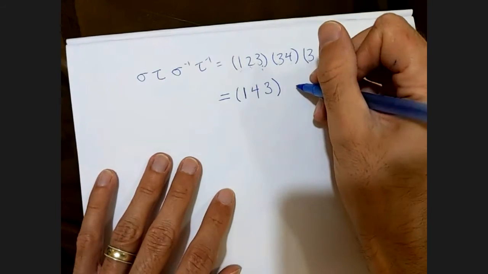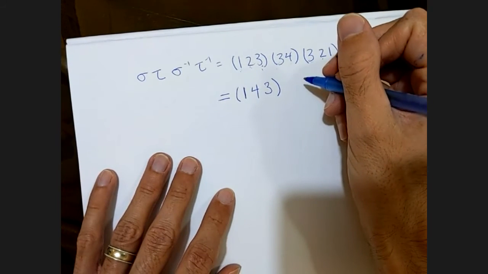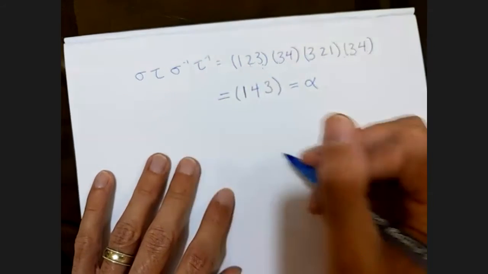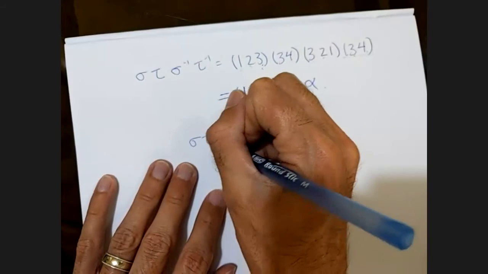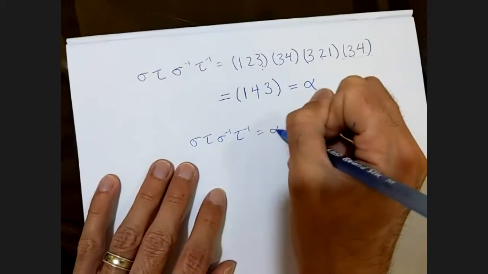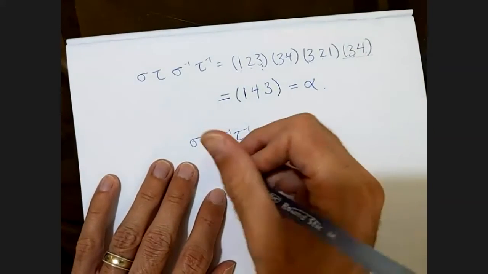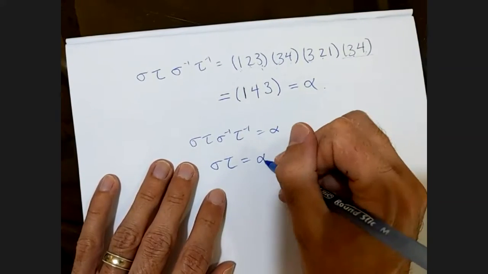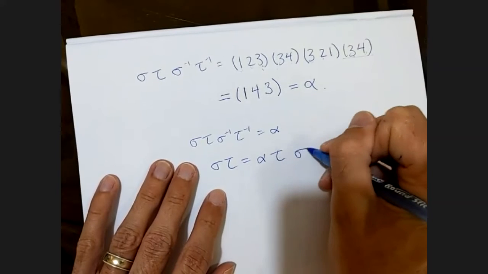So if we call this alpha, it just tells us that sigma tau sigma inverse tau inverse equals alpha. In other words, sigma tau equals alpha tau sigma.